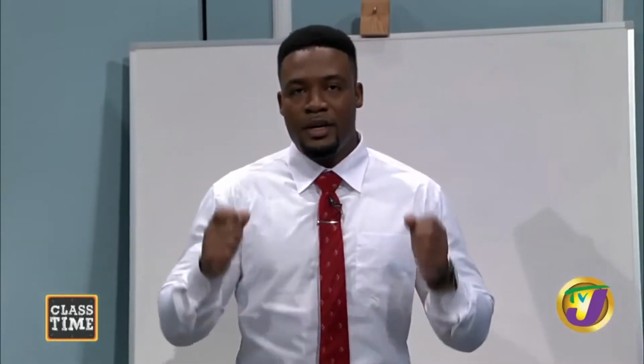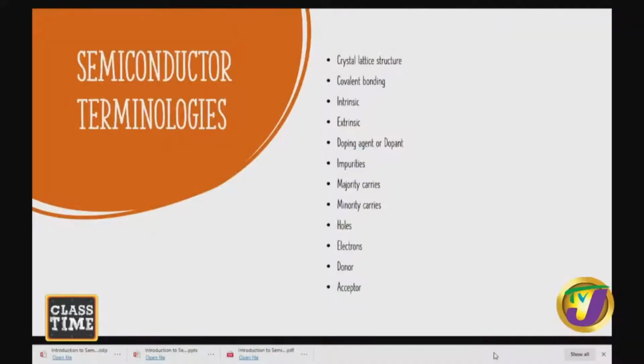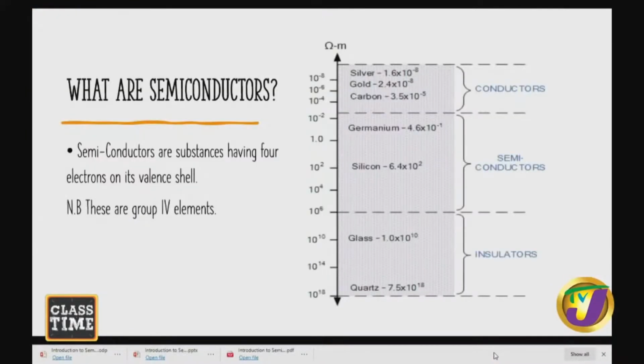Now you may be thinking, what is a semiconductor? In order for us to understand the concept behind this, let us look a little at the electron theory of semiconductors. We will also be guiding you along, and there are certain key terminologies that you must understand in order for you to keep up.